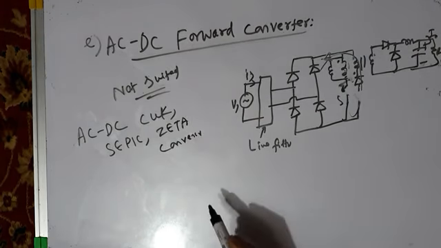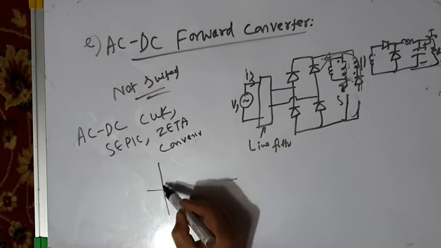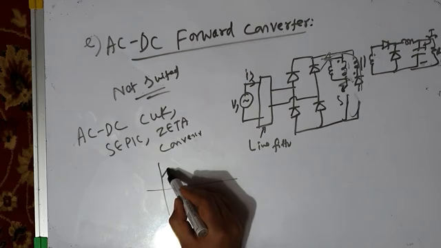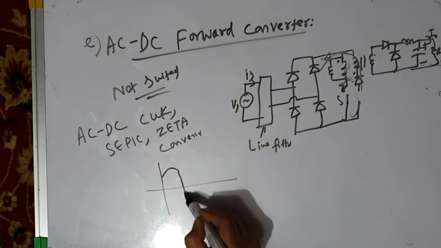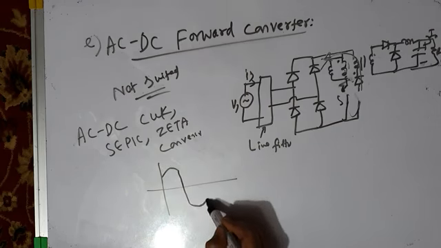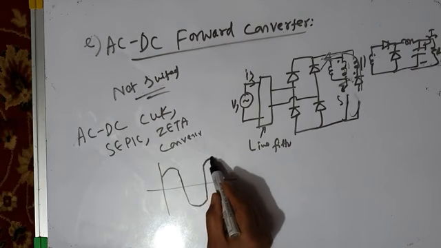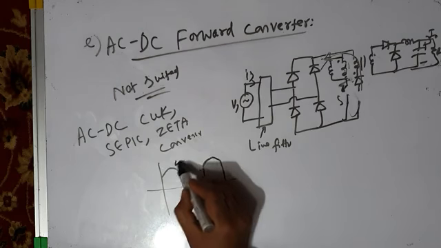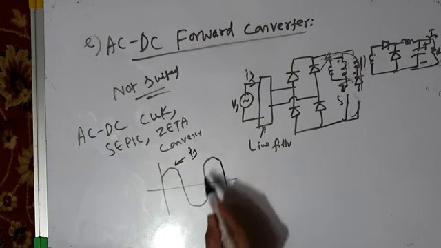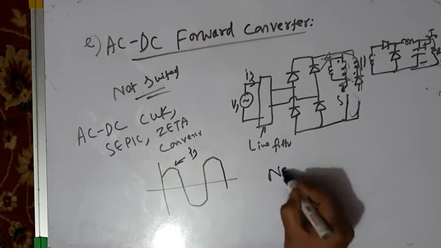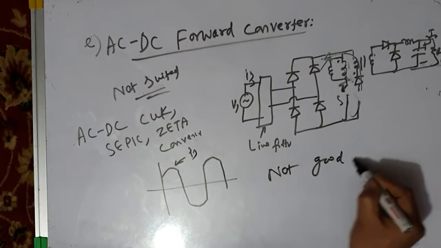They are also not good candidates for self PFC क्योंकि वो इस टाइप की सोर्स करंट दे रहे हैं, which is not sinusoidal at all. ये देखिए वो इस टाइप की सोर्स करंट दे रहे हैं. It's not sinusoidal. So not good candidates.